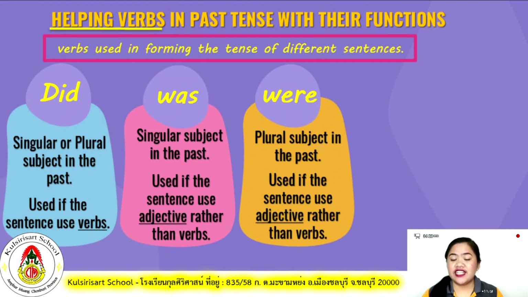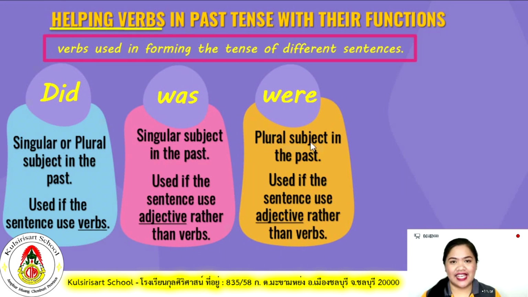Here in did, it used verbs. But in was, the sentence is using adjectives. Later, we will define together the meaning of adjective with sample sentences. But for now, let's proceed to were.